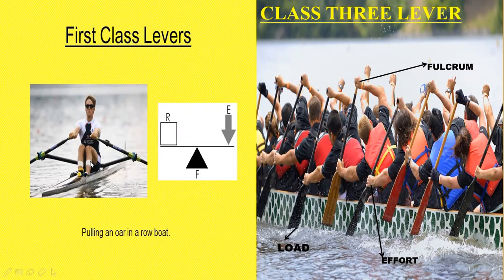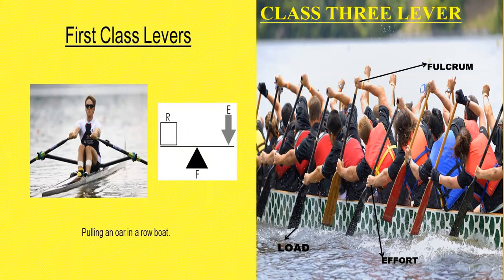The difference is that here the person who is rowing the boat is holding the oar from one end, and the point at the edge of the boat at which the handle of the oar is resting acts as the fulcrum. And what is the load? The load is the water which the person is pushing back to move his boat in the forward direction.